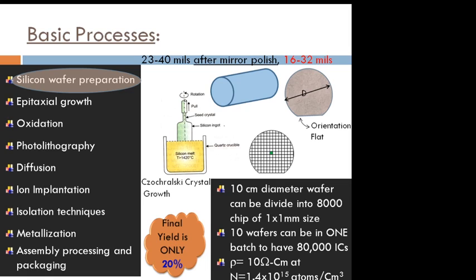Because when you are going to grow a component, the slices or wafers cut from the cylinder can be very uneven, because this cylinder is heated up to 1400 centigrade, so it gets very brittle.